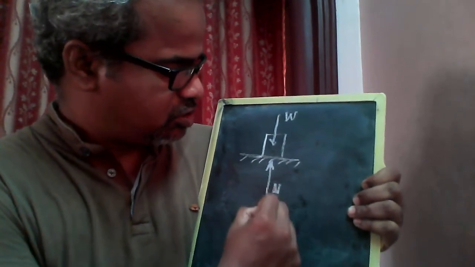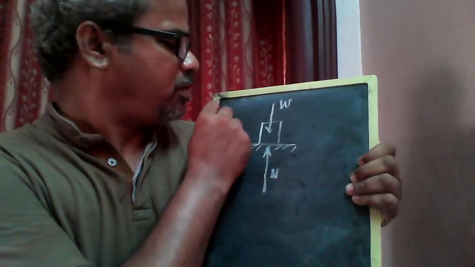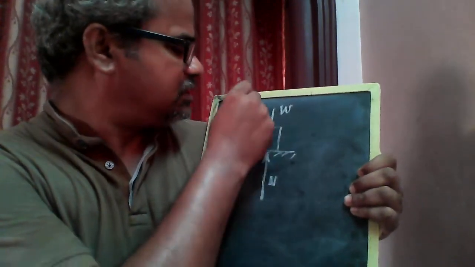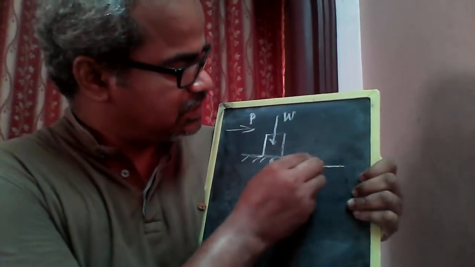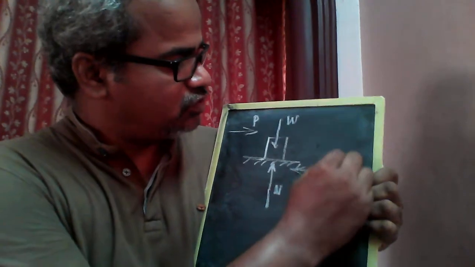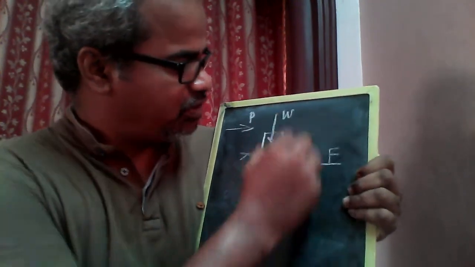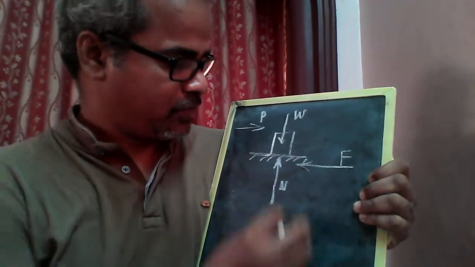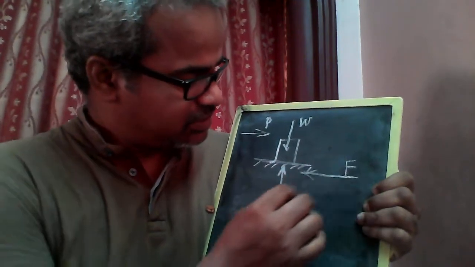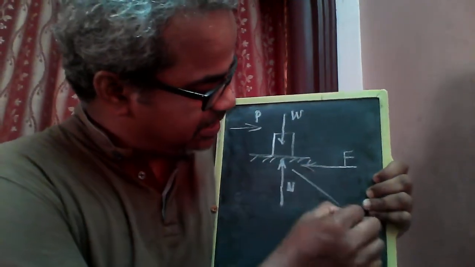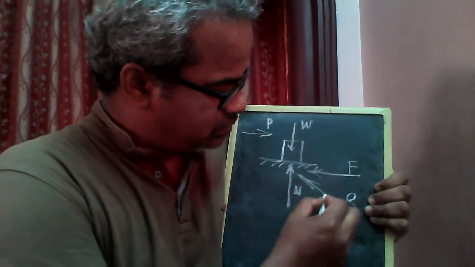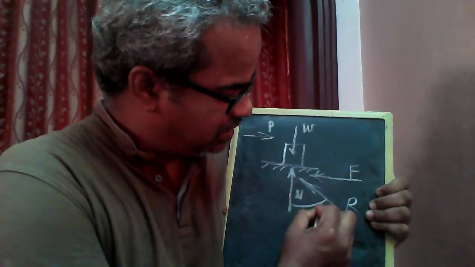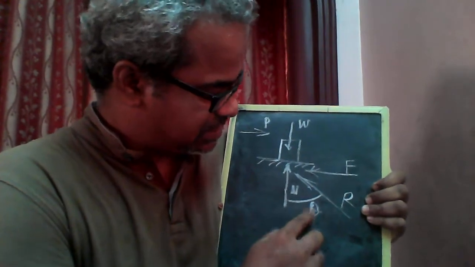Suppose I move this body, to obtain friction, there will be a tangential force. That tangential force is called friction in between the contact surfaces. If I combine this F and N, I will be getting a resultant force. That resultant force is having an angle of theta. This is called friction angle.